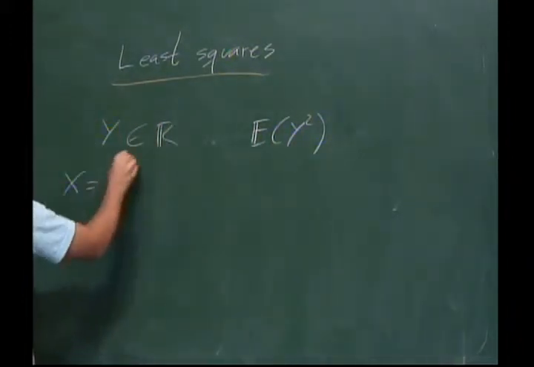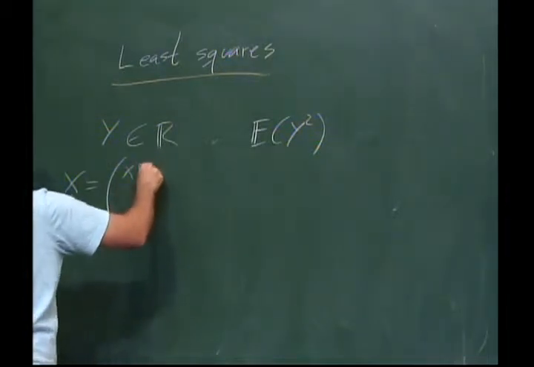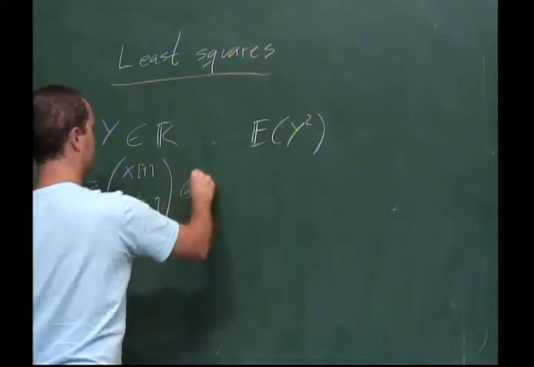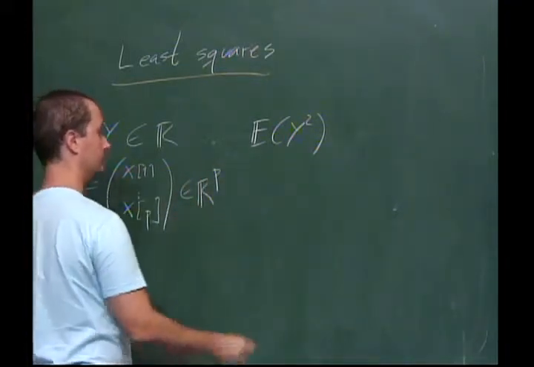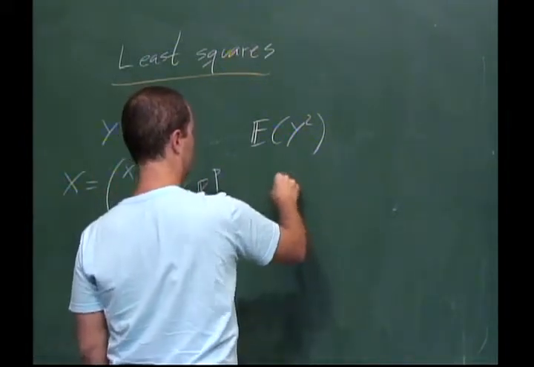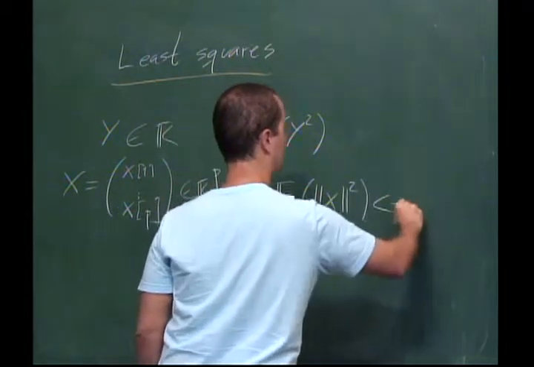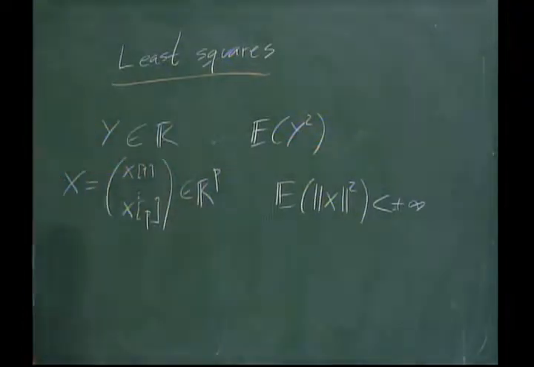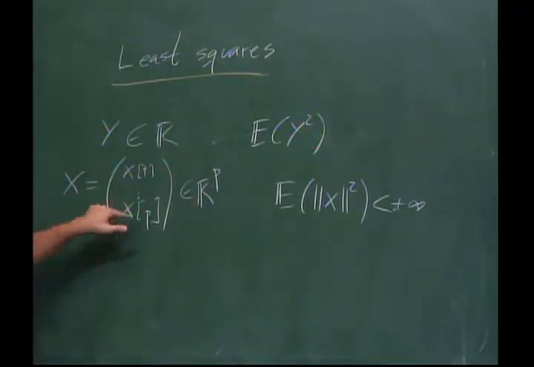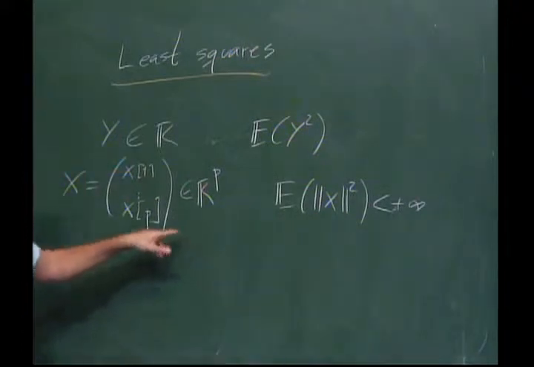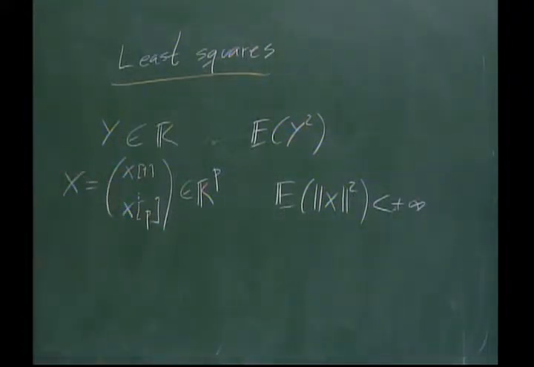We're given a vector x, a random vector that is. And I'm going to say it's also square integrable in the sense that the squared norm has finite expectation. This is the same as saying that each of these coordinates is in L2, just because this here is the sum of the squares of the coordinates.